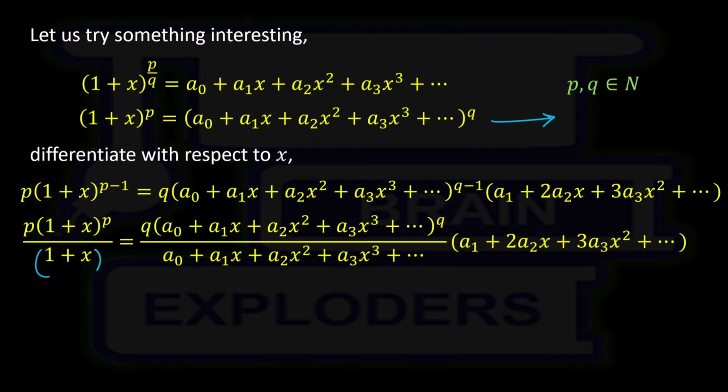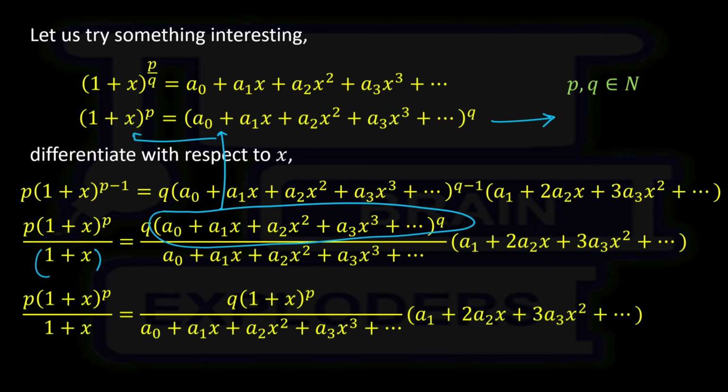So in place of this series to the power q, we can again put this (1 plus x) raised to the power p, right? Now (1 plus x) raised to the power p gets cancelled out from both sides, and we can transfer this (1 plus x) over here for multiplication, and this series here for multiplication, right?